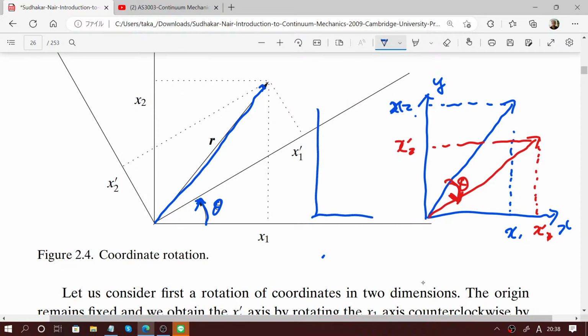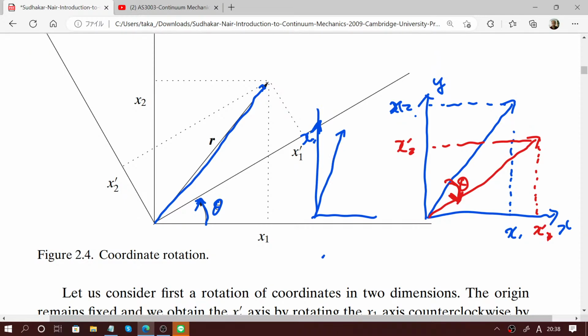You had x2, and you will change this part. Yeah, this will change this way.